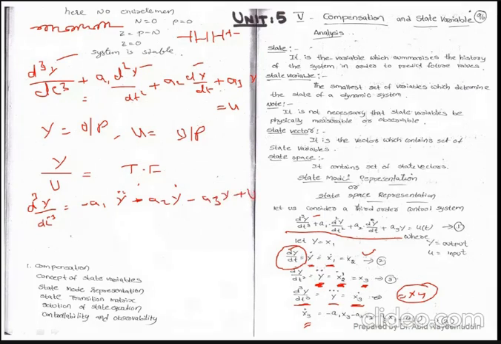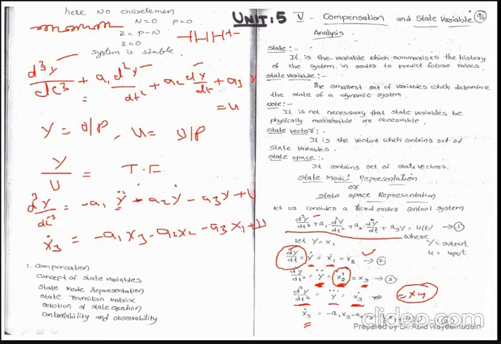Further I can write y3 dot is equal to x3 dot is equal to minus a1 into y double dot, which is x3, minus a2 into y dot, which is x2, minus a3 into y, which is x1, plus u.